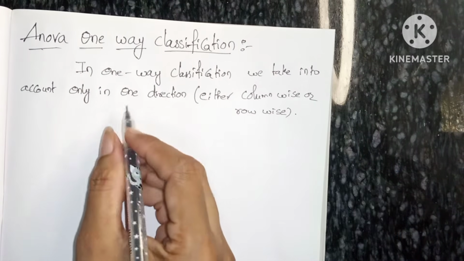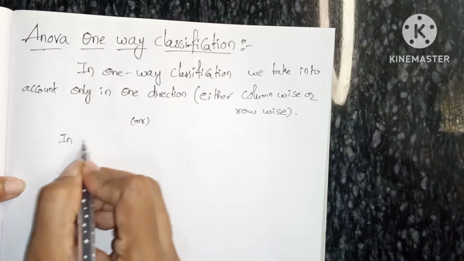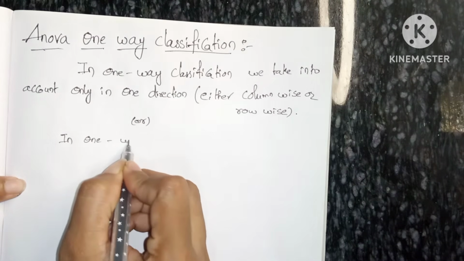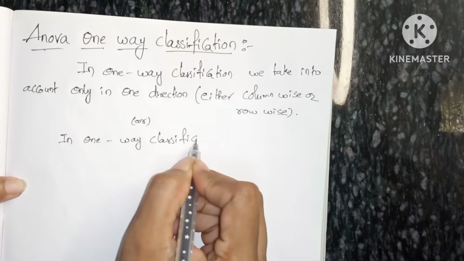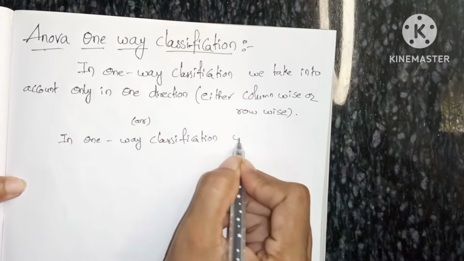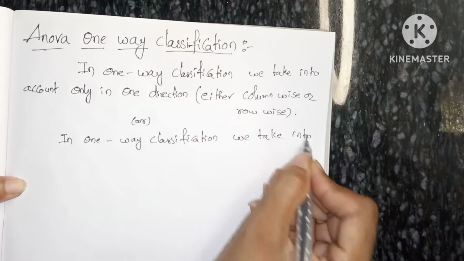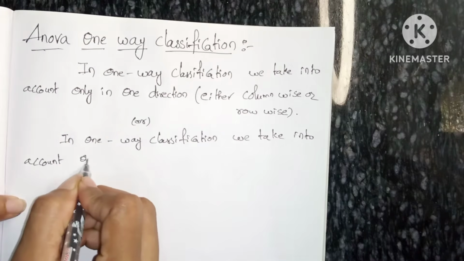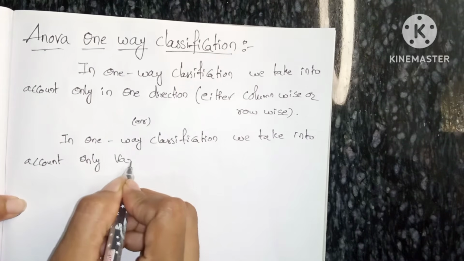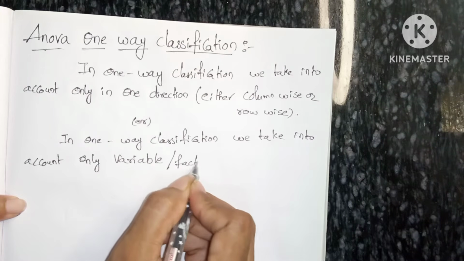Or else we can say this definition in another way. In one-way classification, we take into account only one variable, or else we can call it a factor.